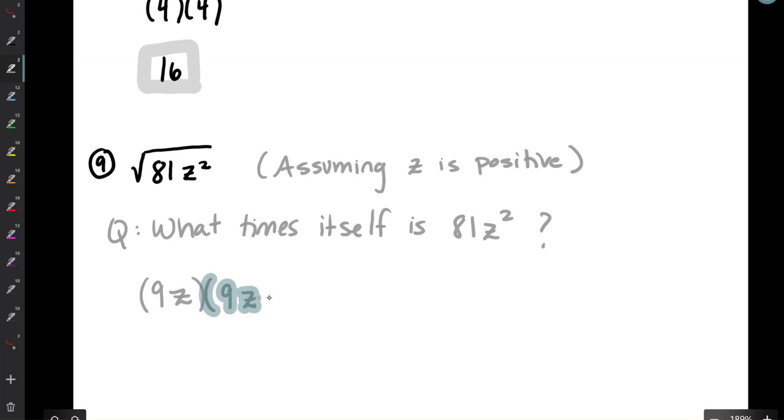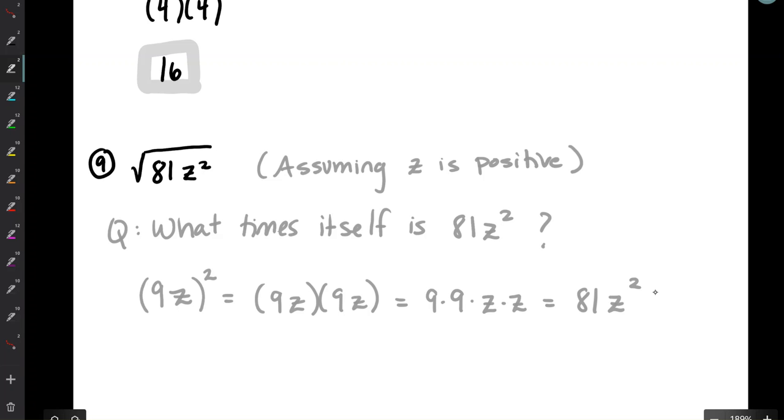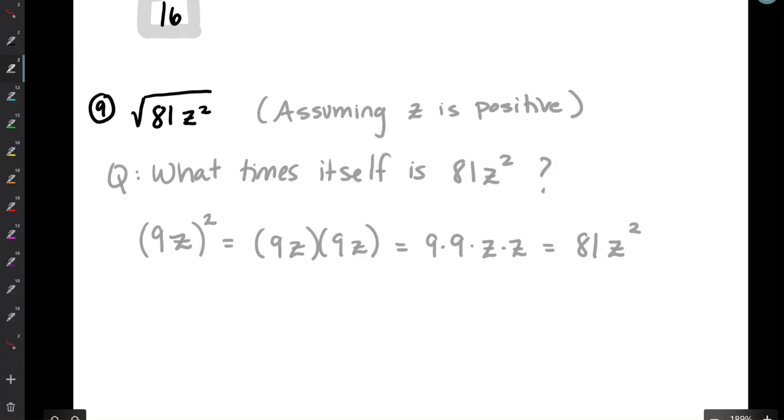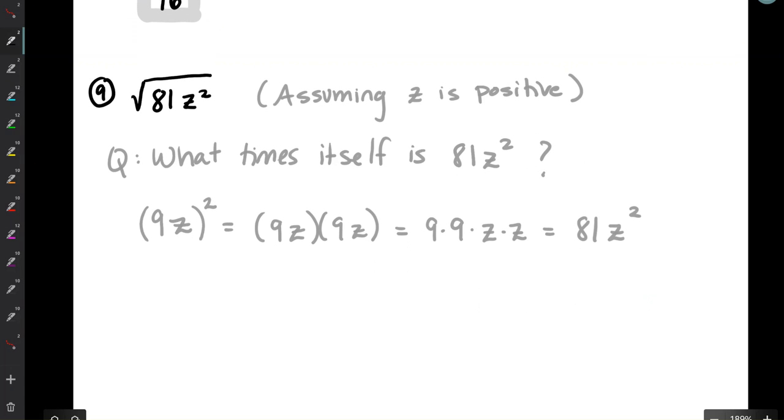In fact, let's write it. 9z all squared is 9z times itself. Order doesn't matter in multiplication. We've got 81z squared. Beautiful. We found our answer. The square root of 81z squared.